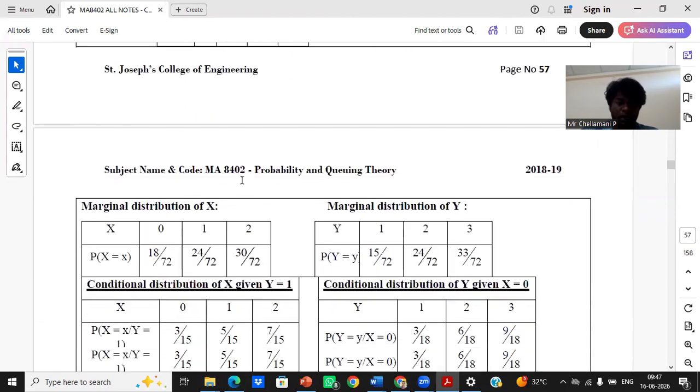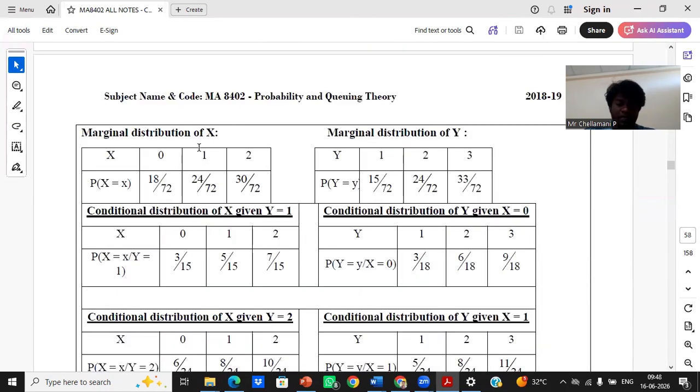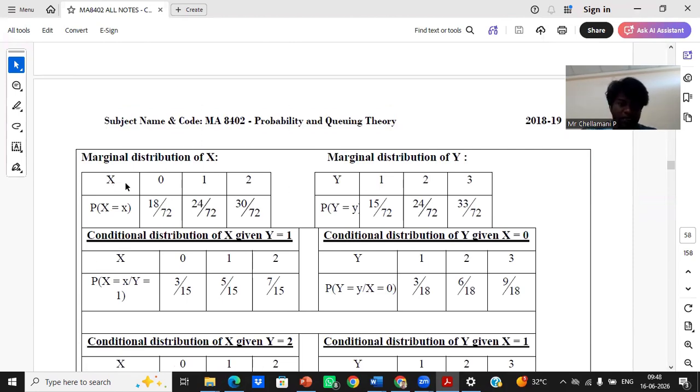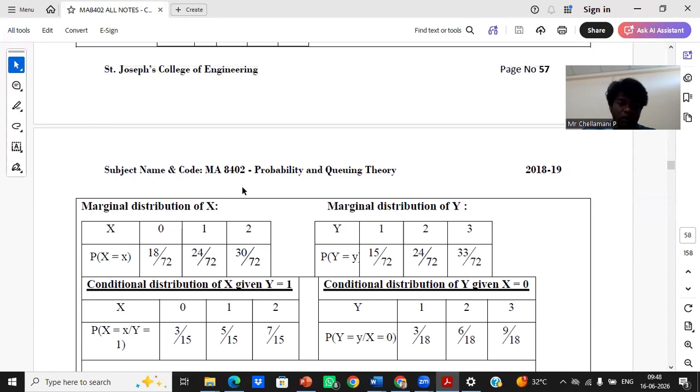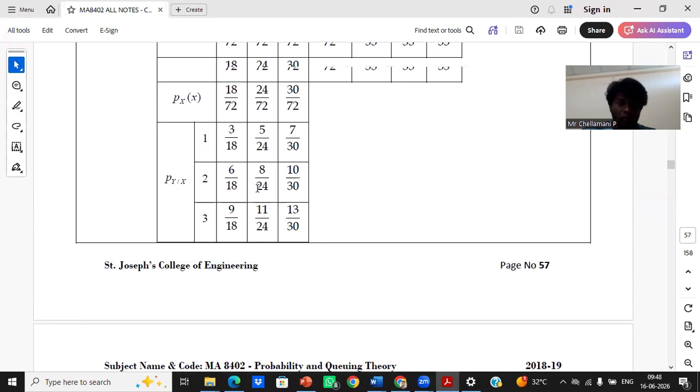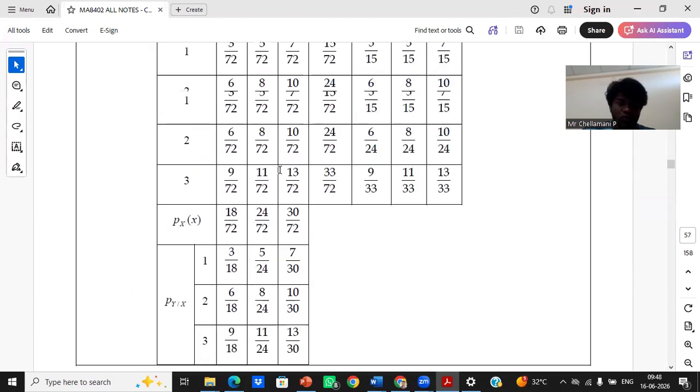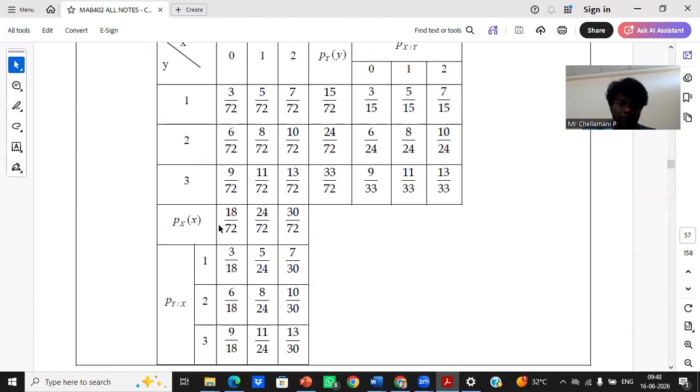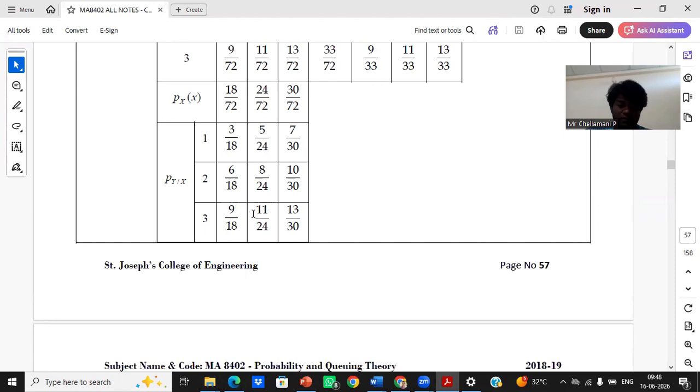Our second part is to find the marginal distribution of x and the marginal distribution of y. It is nothing but the x values 0, 1, 2 and the corresponding P of x values, which is the marginal distribution of x.